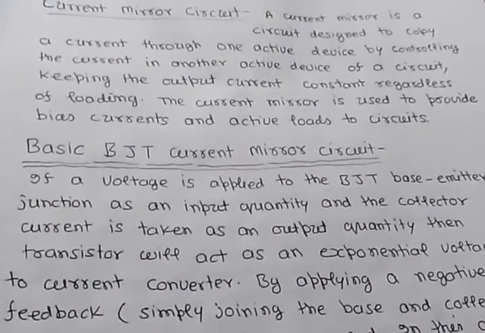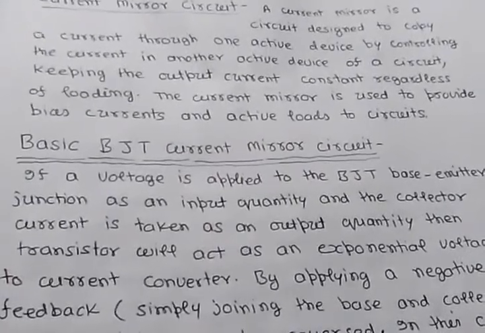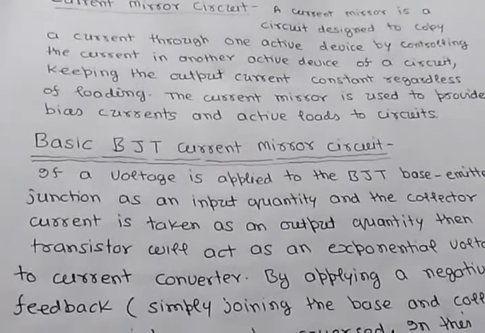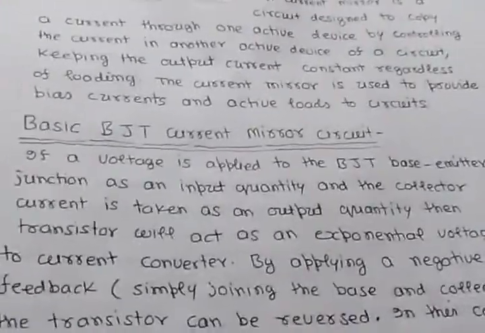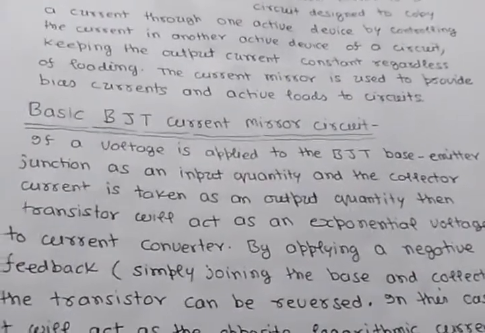This action can be reversed by providing a negative feedback simply by joining base and collector of the transistor. In this case, it will act as a logarithmic current to voltage converter.